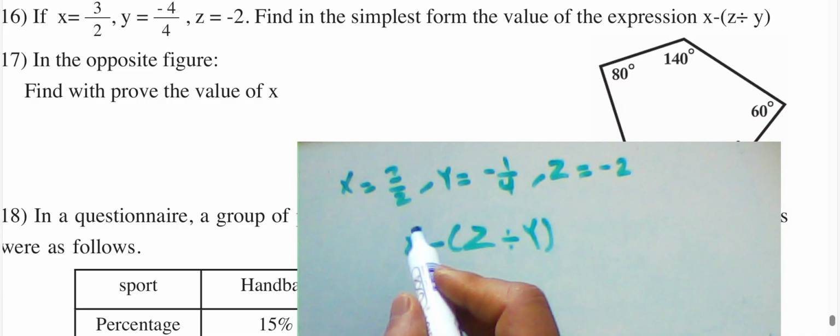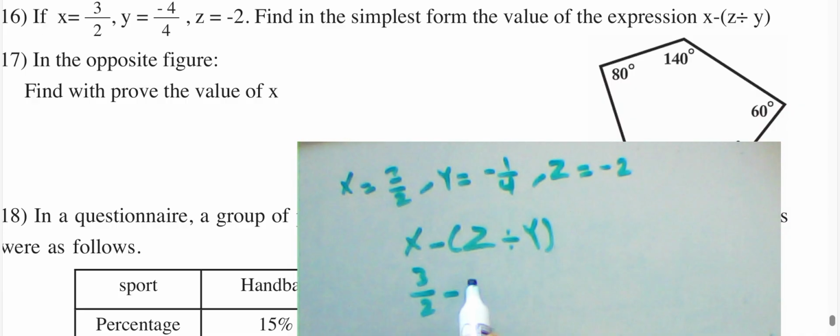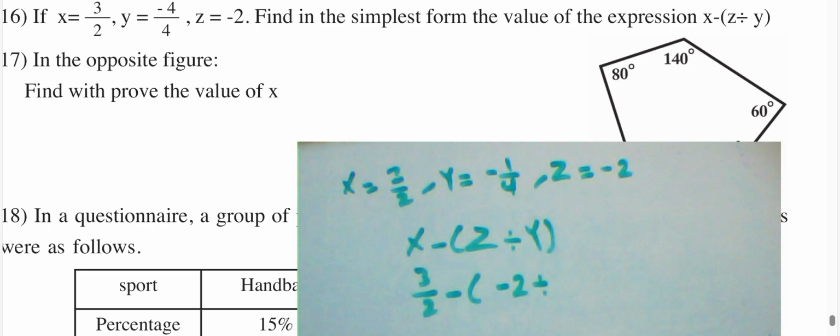X here is 3 over 2, subtract z, which is negative 2, divided by the value of y. Who can tell me the value of y? Negative 1 over 4, okay?